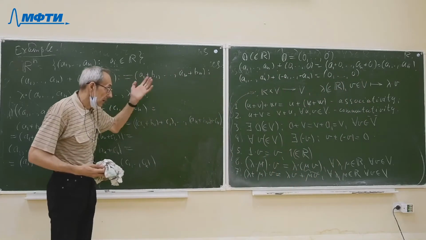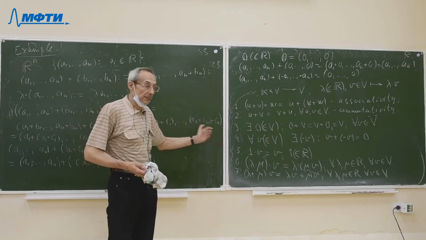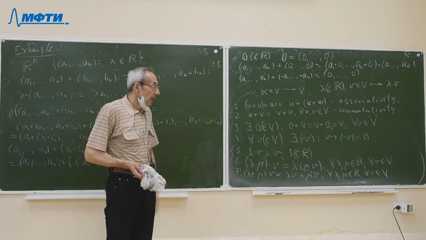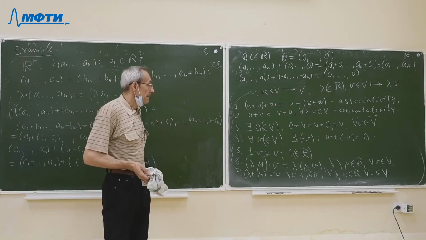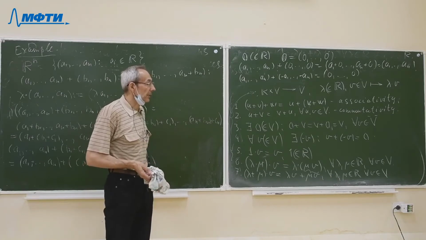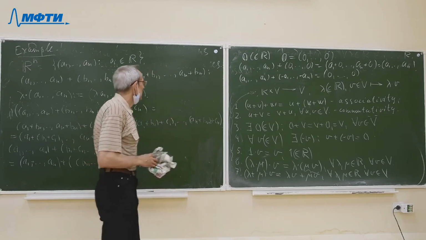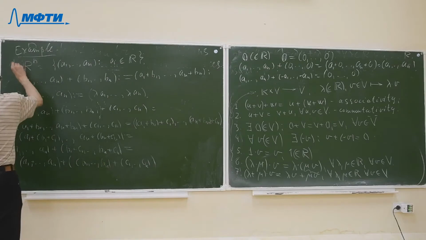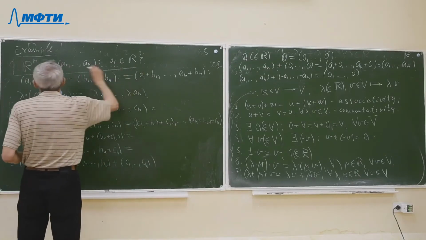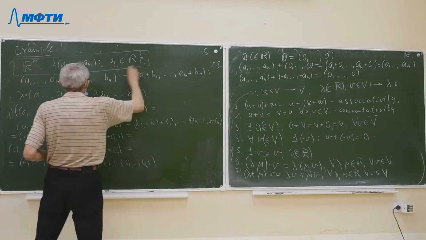Easy to see also the other axioms. It's an easy enough task, and we obtain the main example of the vector space, the Rn.